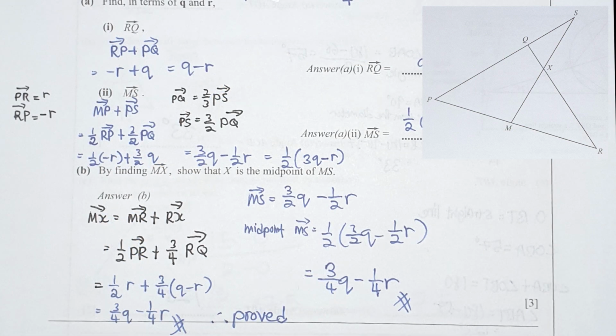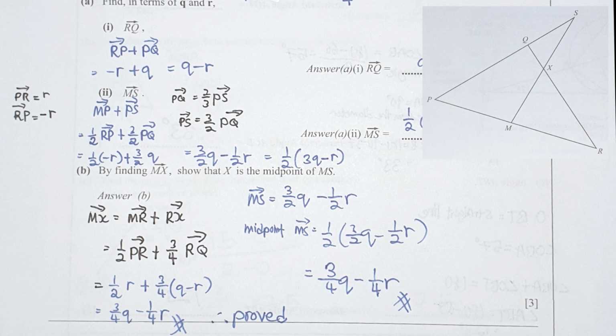As for part B, show that X is the midpoint of MS. The first thing I did was to identify the MX value by taking MR plus RX. The final result you will get is 3 over 4Q minus 1 over 4R, whereas MS is actually 3 over 2Q minus 1 over 2R.